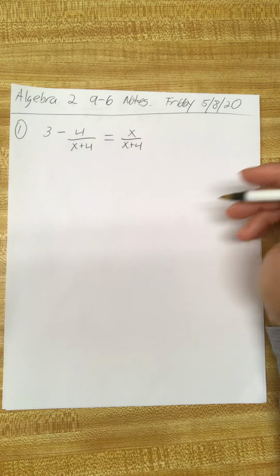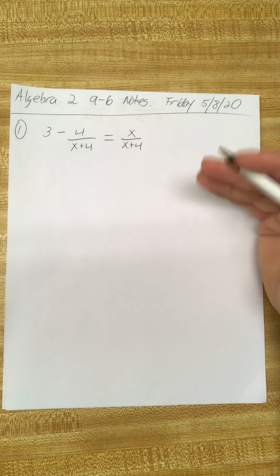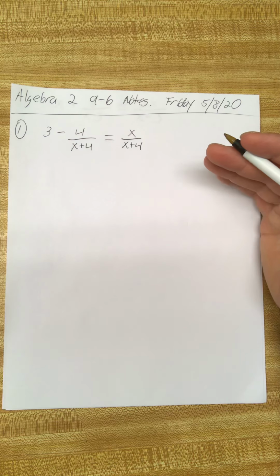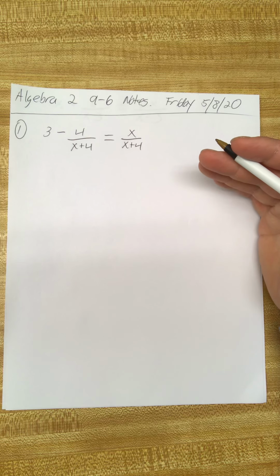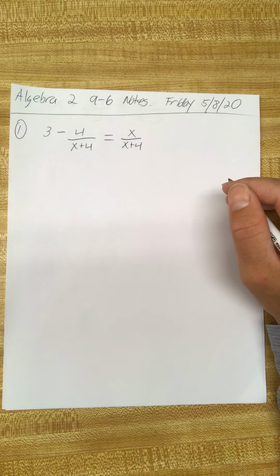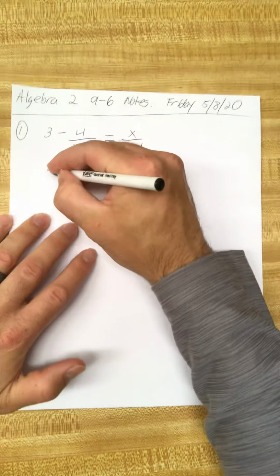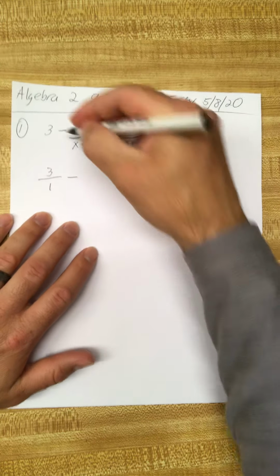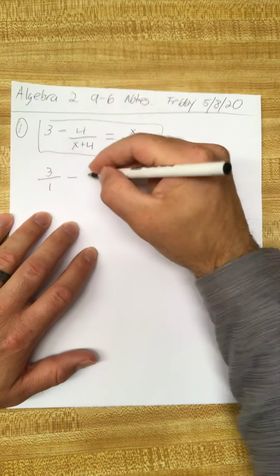Okay, so again, your main idea here is first figuring out the least common denominator of the fractions here. What's your least common multiple of the denominators, whatever you want to think of them as. So again, first up, this 3 has a denominator of 1. That's your original.